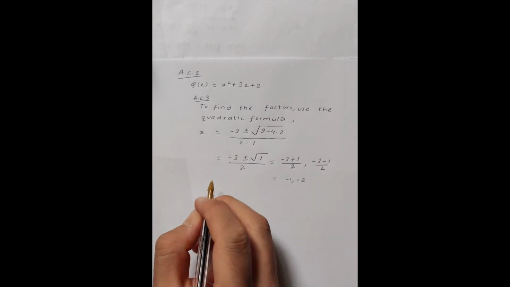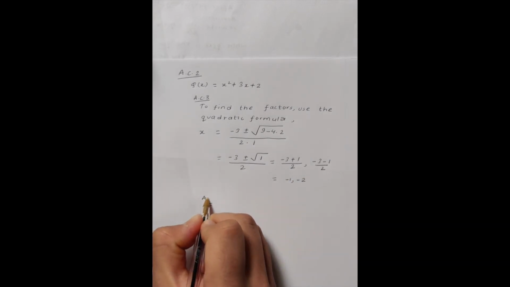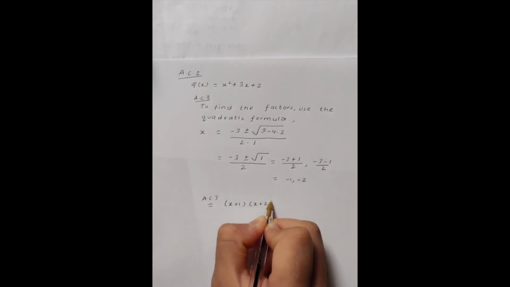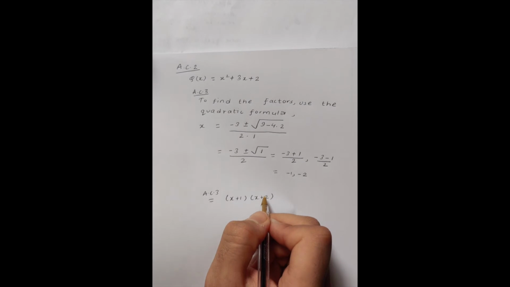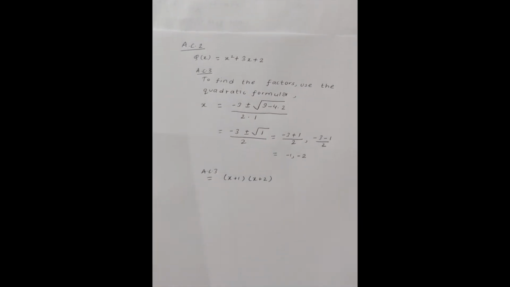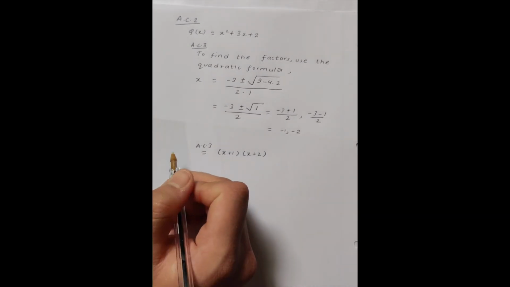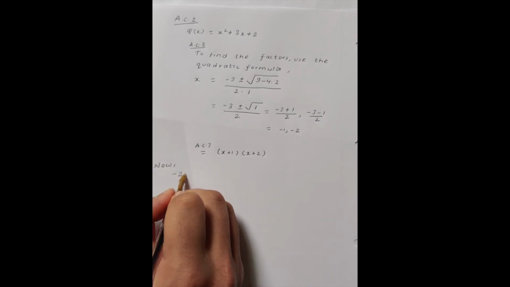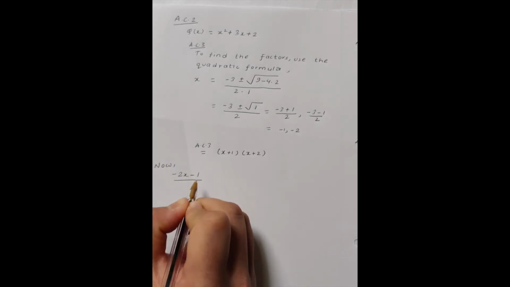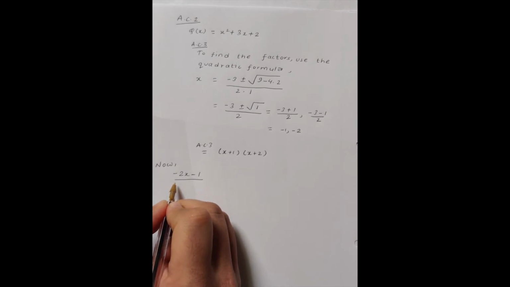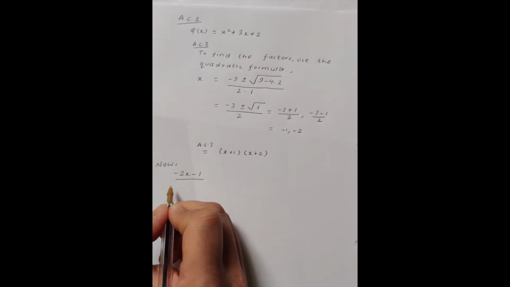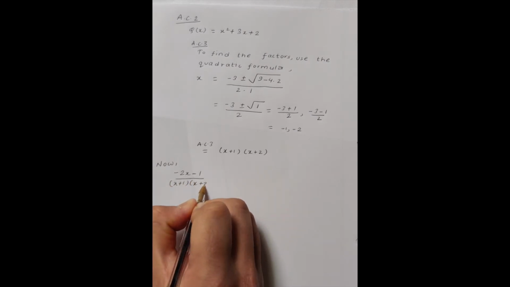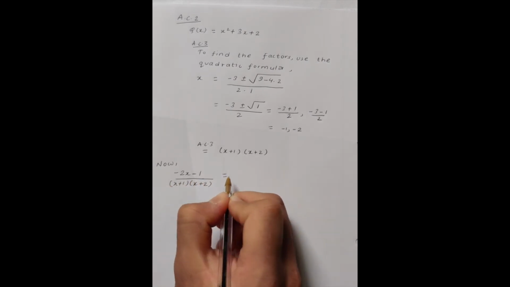And the zeros are minus 1 and minus 2. So we can write the capital Q polynomial as the multiplication of the two factors x plus 1 times x plus 2, meaning that we have two factors which are linear factors.